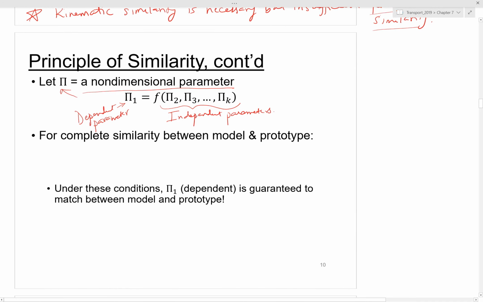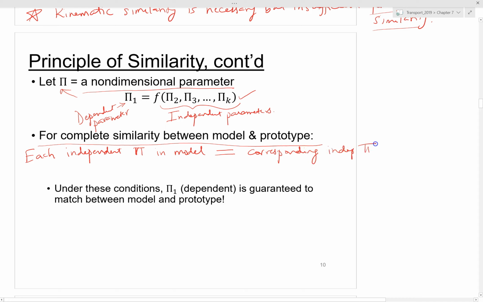Next is, for complete similarity between the model and the prototype, each independent pi, that is on the right hand side here, in the model should be equal to the corresponding independent pi in the prototype.